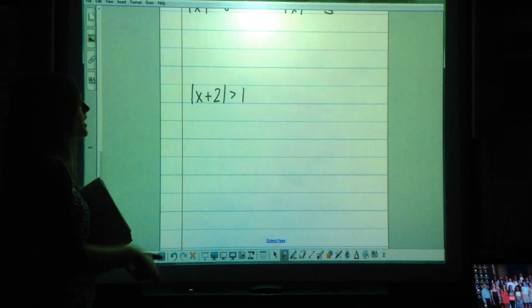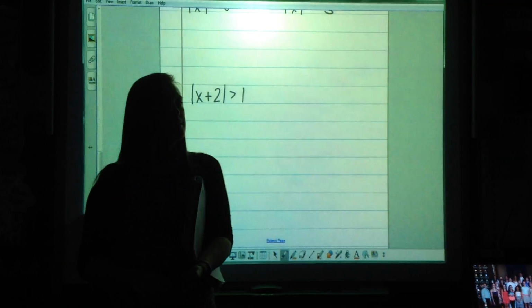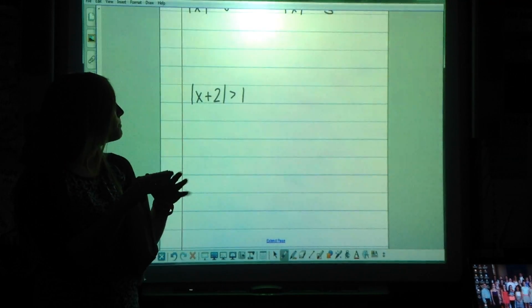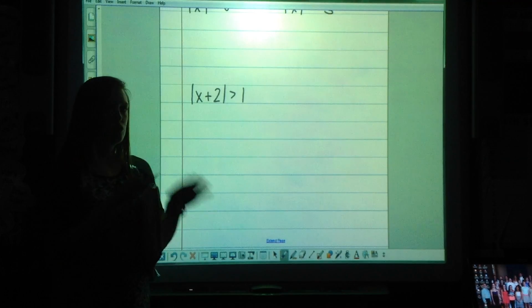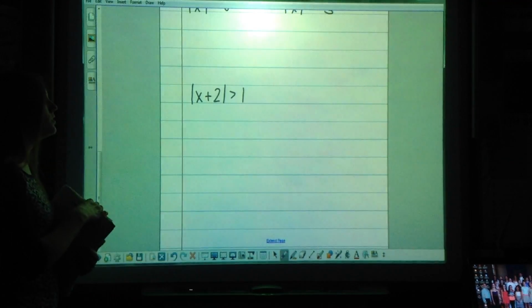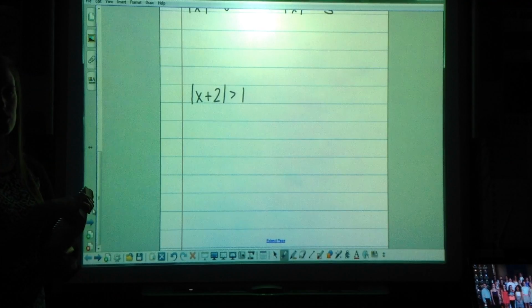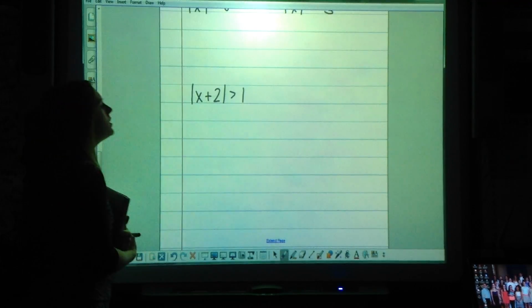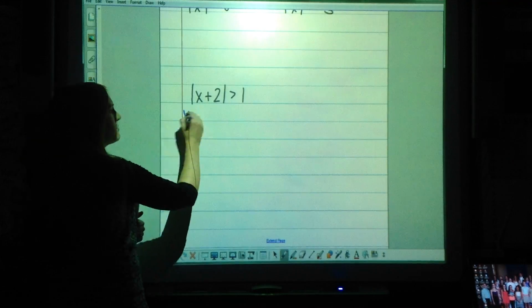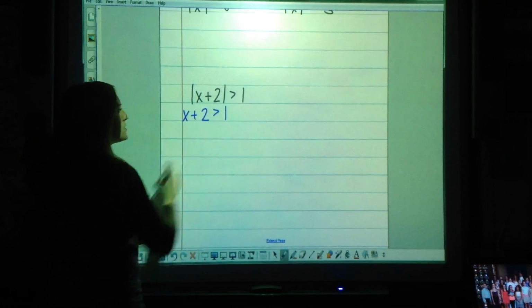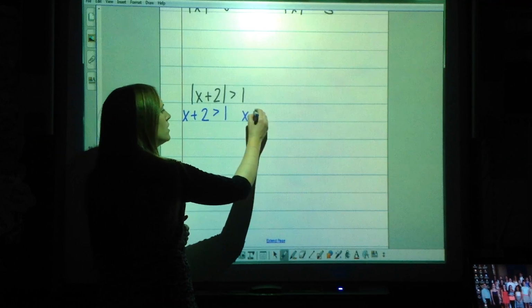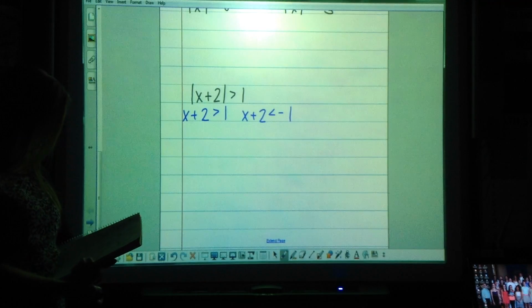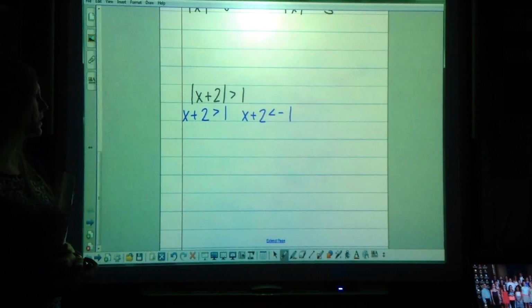When you have absolute value inequalities where the X is not by itself, you're going to have to make this one inequality into two. You're going to have to separate that. And you're going to do that the same way that we did yesterday with the equations, in addition to one step. The first problem is going to look the same. The second problem, you're going to switch the inequality symbol and make your answer negative. That's how you're going to get your two number answers.